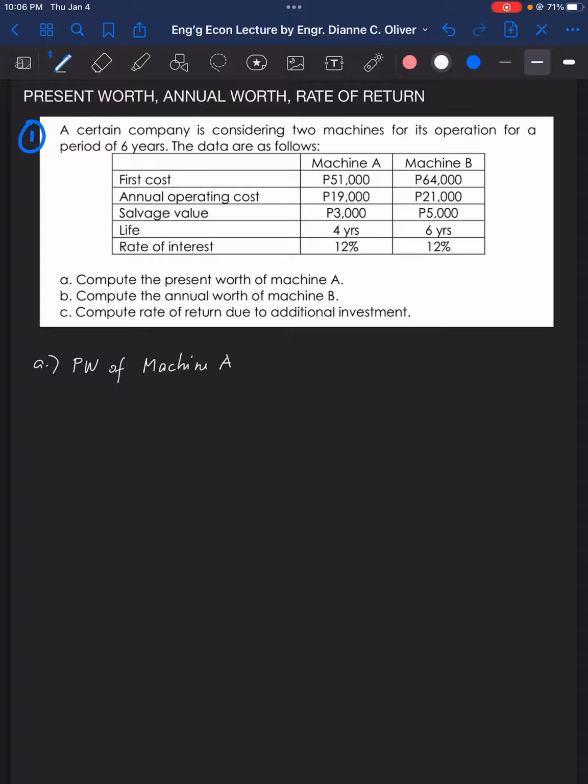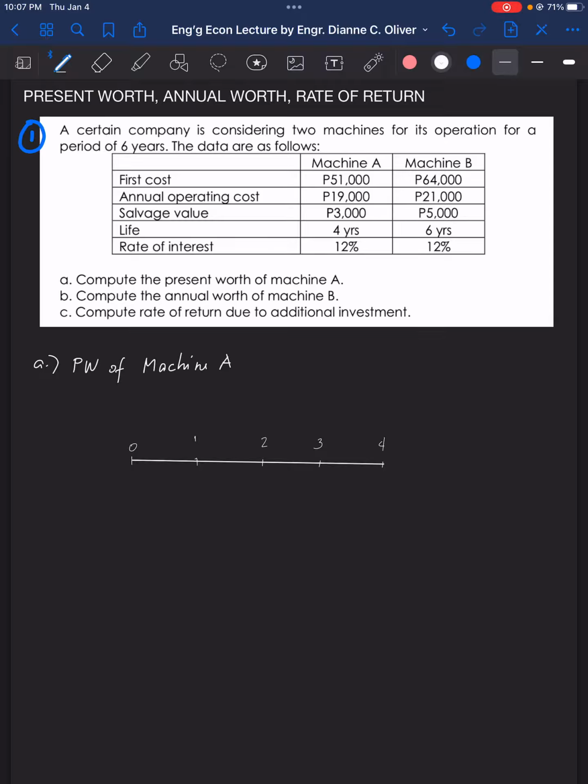Now for our machine A, it has a life of 4 years. So if we draw the cash flow diagram, we have here the first cost at year 0. And then this is the first year, second year, third year, and the fourth year.